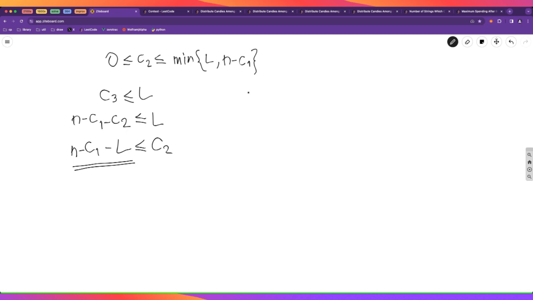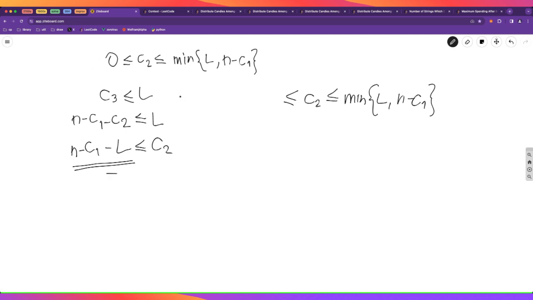Which is this. So C2, again, we have the upper bound. I'm just repeating what's there. But now we have an upper bound and a lower bound, which is this number, but also 0.